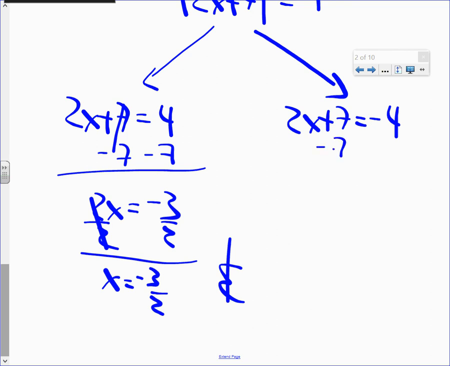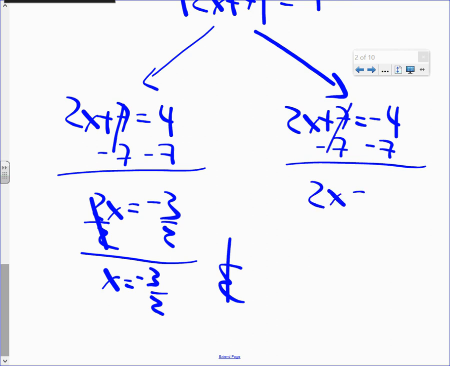Let's subtract 7 over here from both sides, left and right. Bye-bye to that.